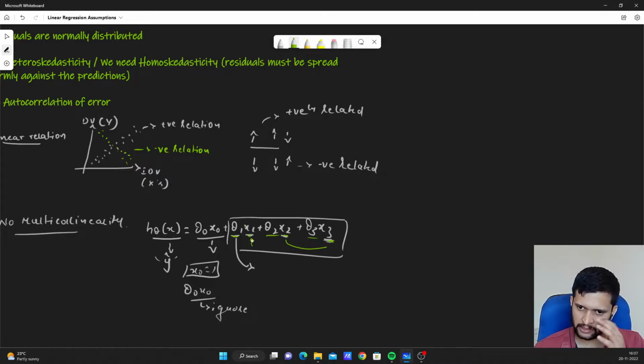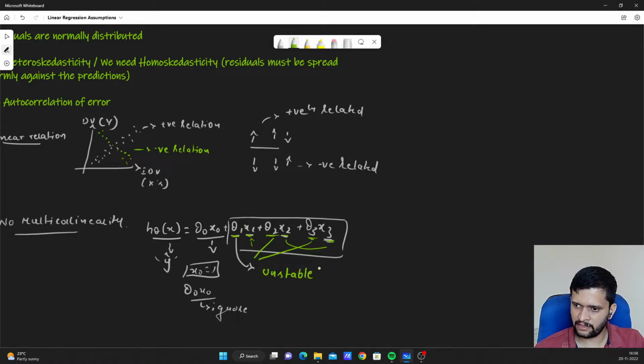Okay, so this is an important assumption and we need to understand this completely. If there is multicollinearity, these theta 1, theta 2, theta 3 will not be the sole indicators of the independent variables x1, x2, x3, so we cannot be confident in the values that we have learnt for these coefficients or learnable parameters. So, if there is multicollinearity, these theta 1, theta 2 and theta 3 will be unstable.